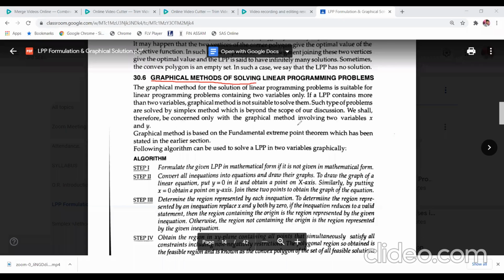That is very simple. First, as you know, the general form of a linear programming problem is: optimize z equals the objective function, say ax plus by.